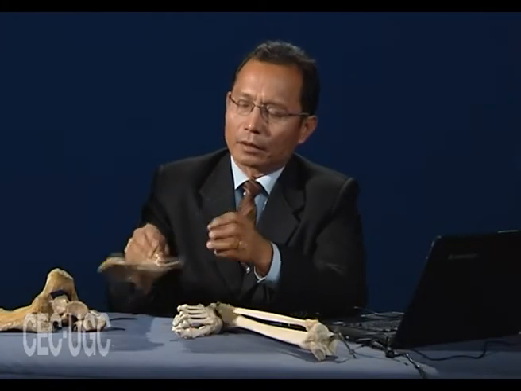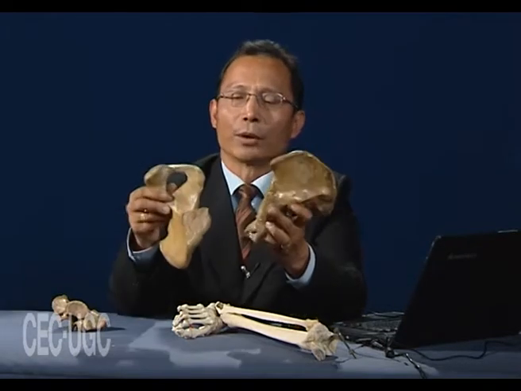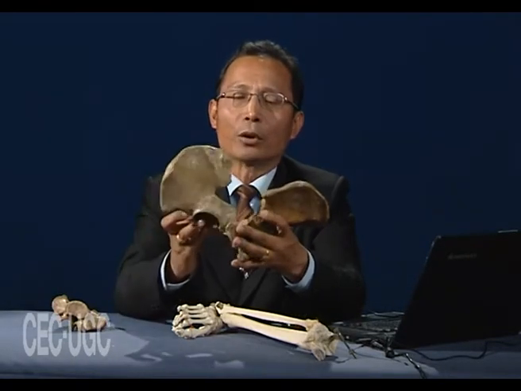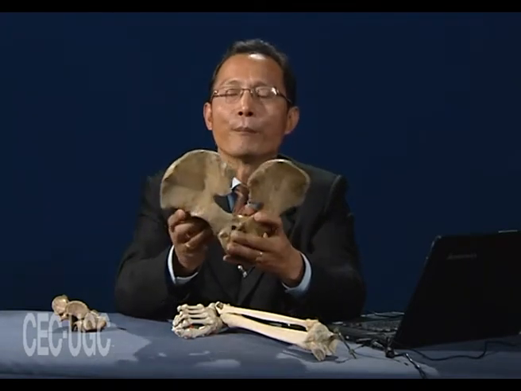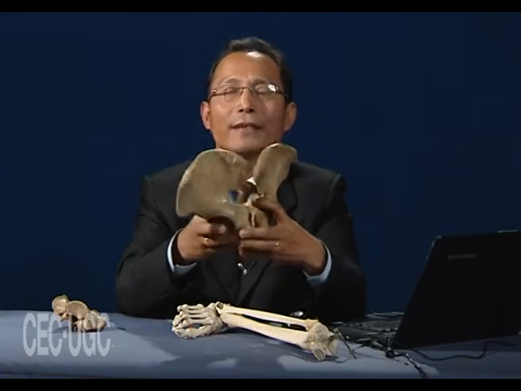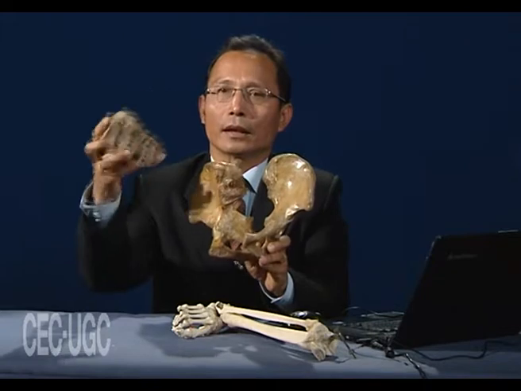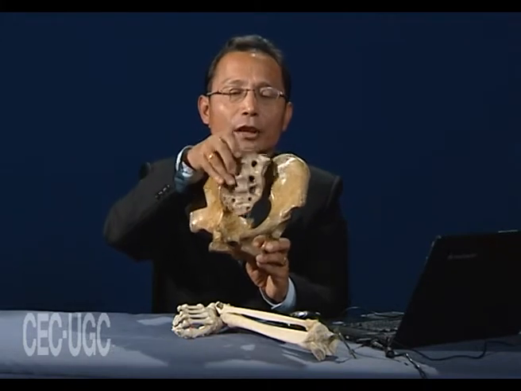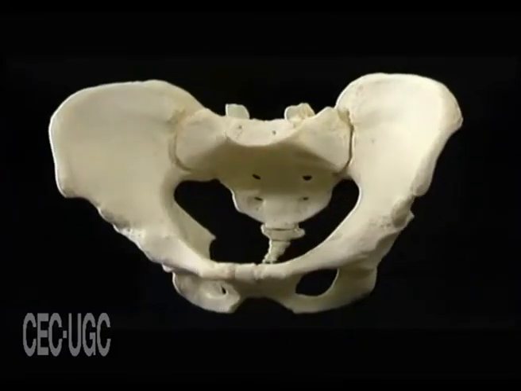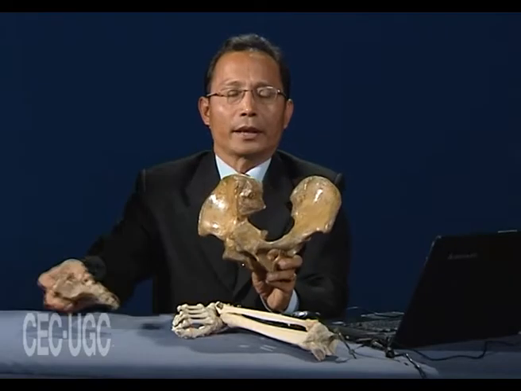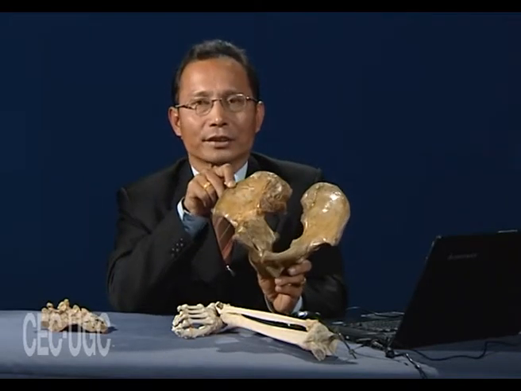This is a pelvis bone. This is another pelvis bone. These two pelvis bones fuse together and form a pelvic girdle along with this sacrum, like this. So here this pelvis bone has three parts.